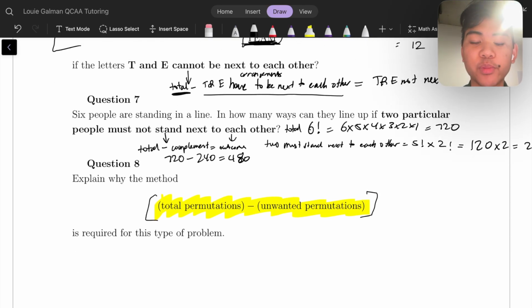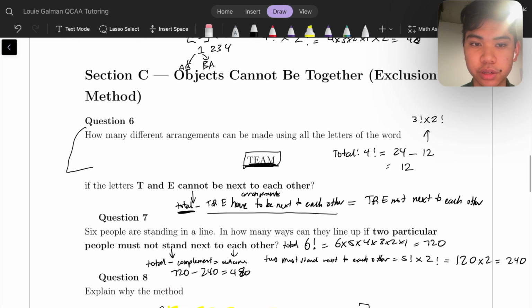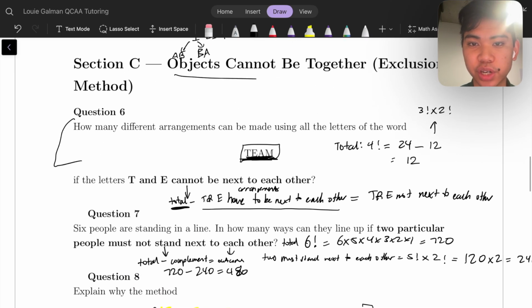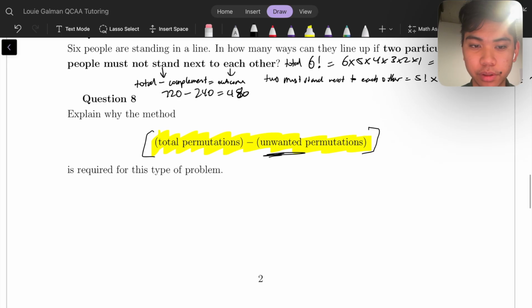We do the total permutations if there were no restrictions minus the opposite of what we want in terms of our outcomes, okay? And then our value is going to equal the permutations that we want, right? Which are the restrictions, such as the objects cannot be together, okay?